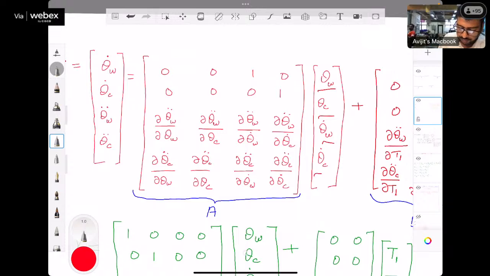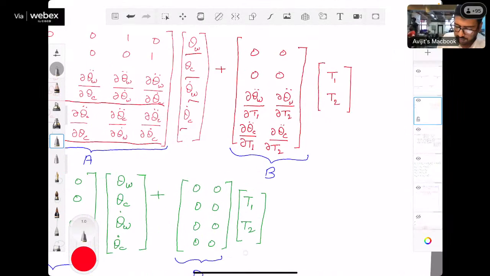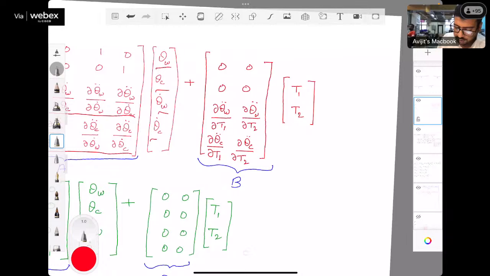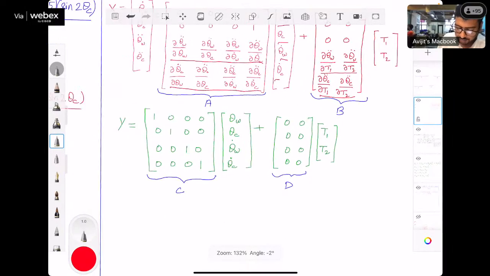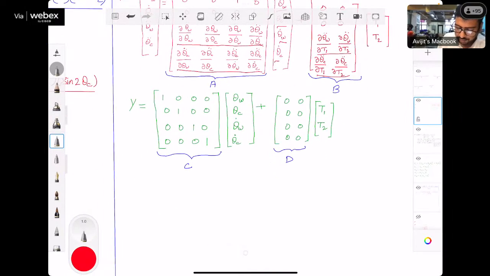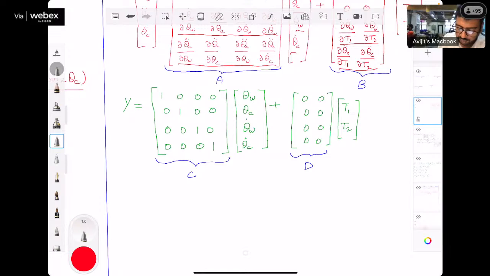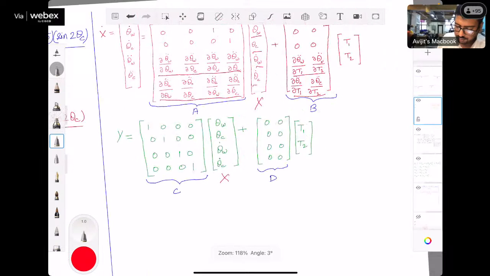These are partial derivatives, and we do the same thing with respect to inputs also. In fact, these are our state matrices. At the same time, we have y equal to Cx plus Du, where this is x and this is u.